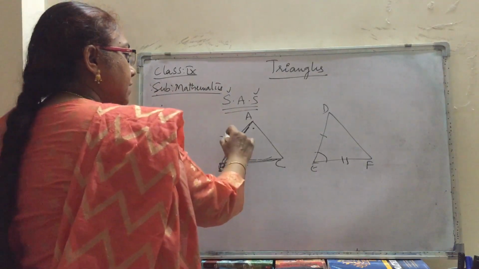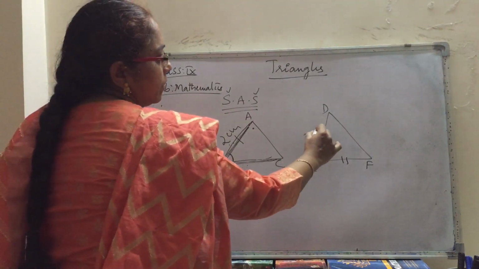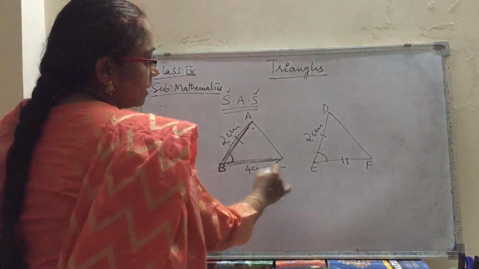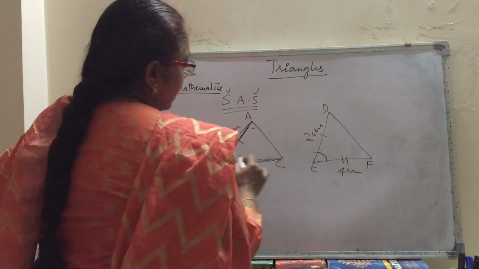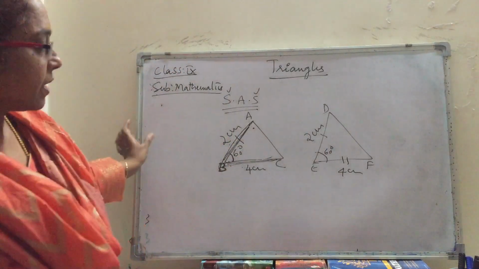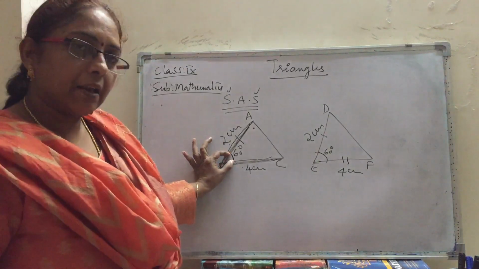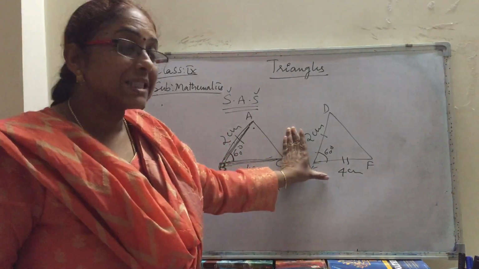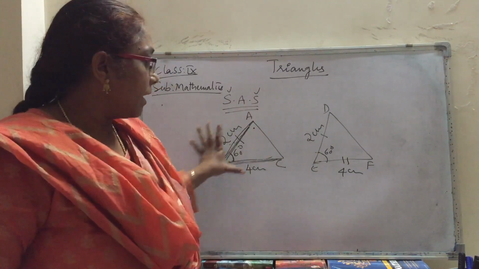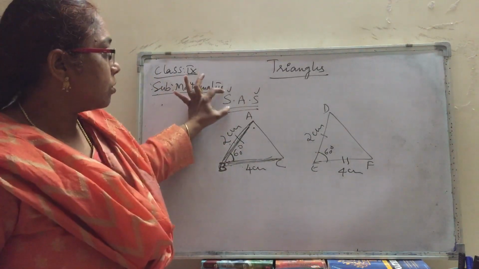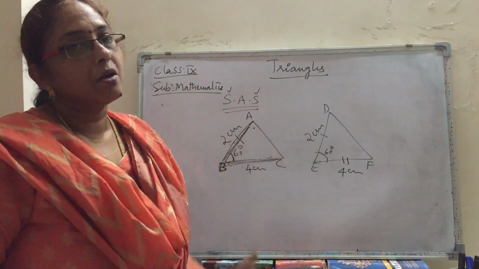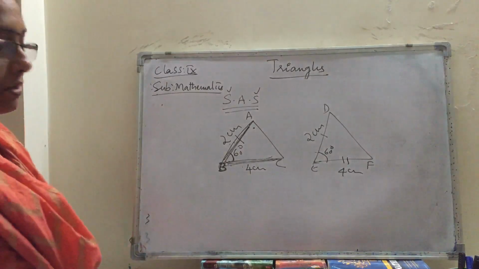Here, if AB is 2, then DE is also 2, this BC length is 4 centimeters, this is also 4 centimeters, and if this is 60 degrees, this is also 60 degrees. Then by this SAS congruency rule, we can say these two triangles are congruent. Okay children, are you following?